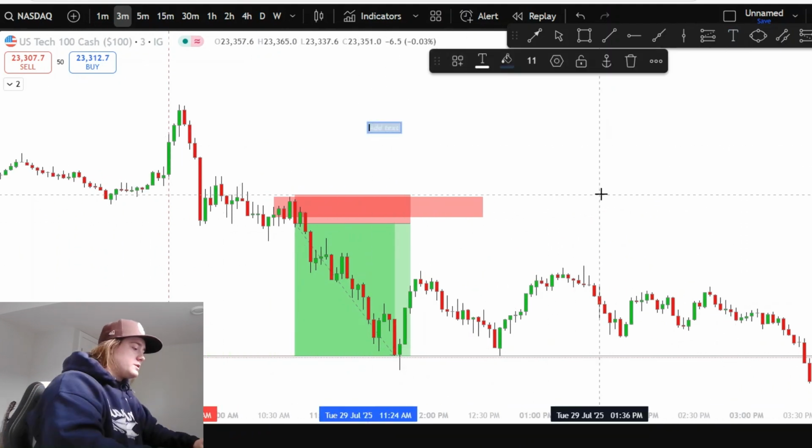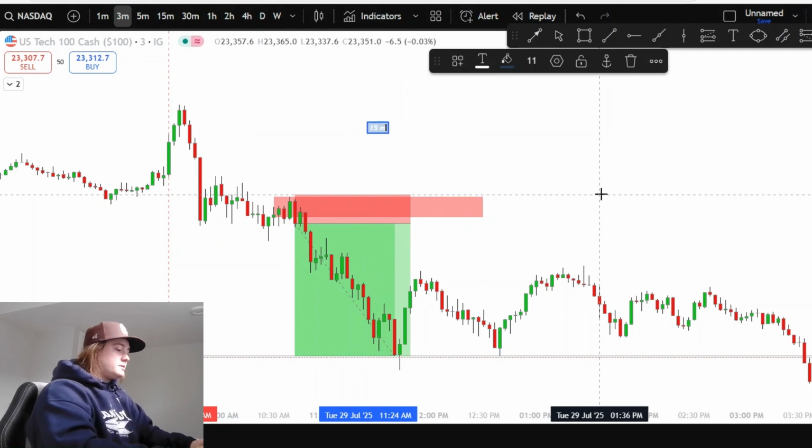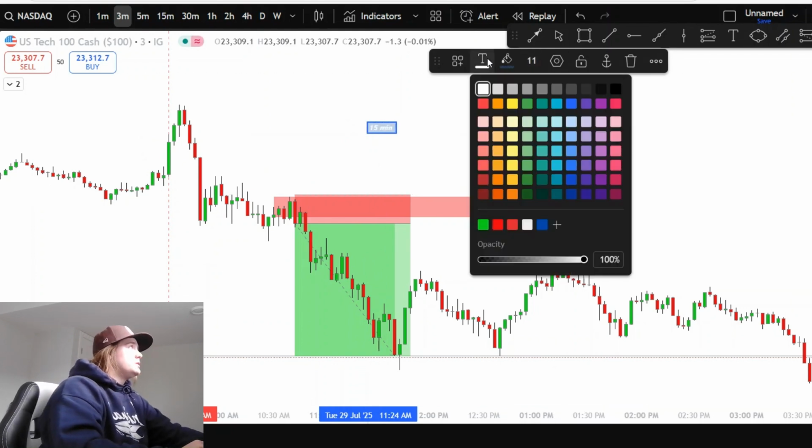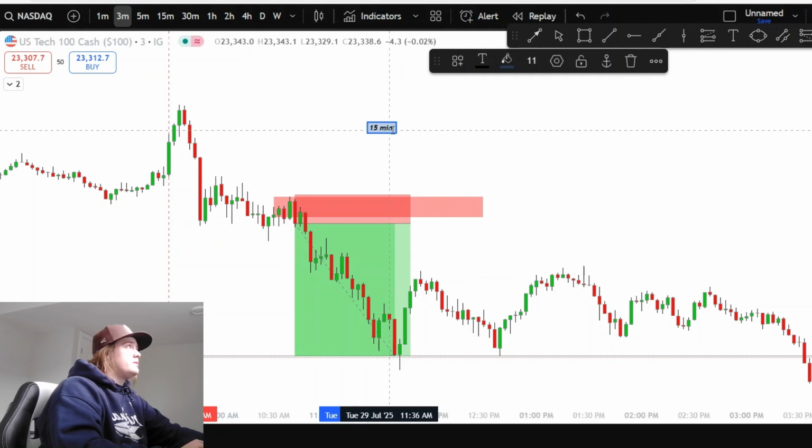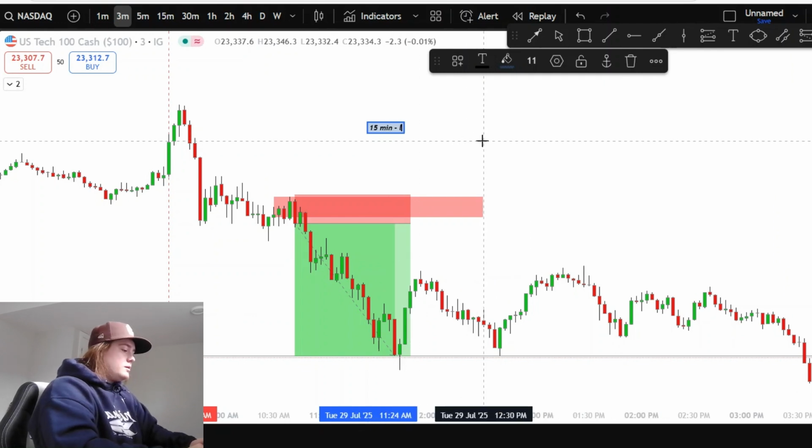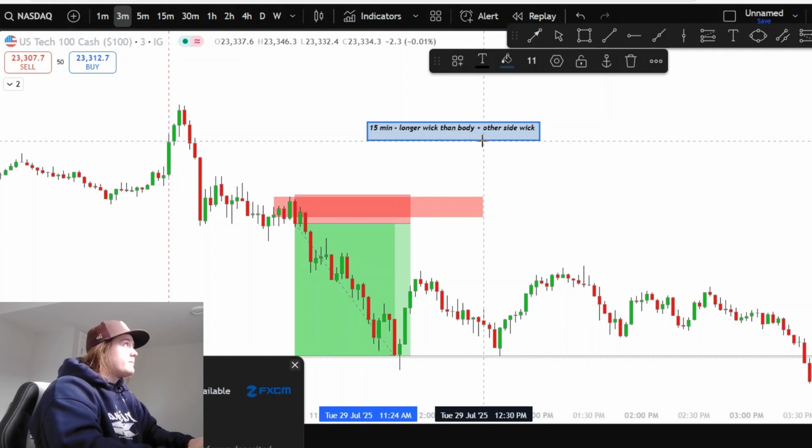So again, first thing, you want a 15-minute. Let's just change this color actually. Okay, 15-minute. You want to mark out a longer wick than body plus other side wick.